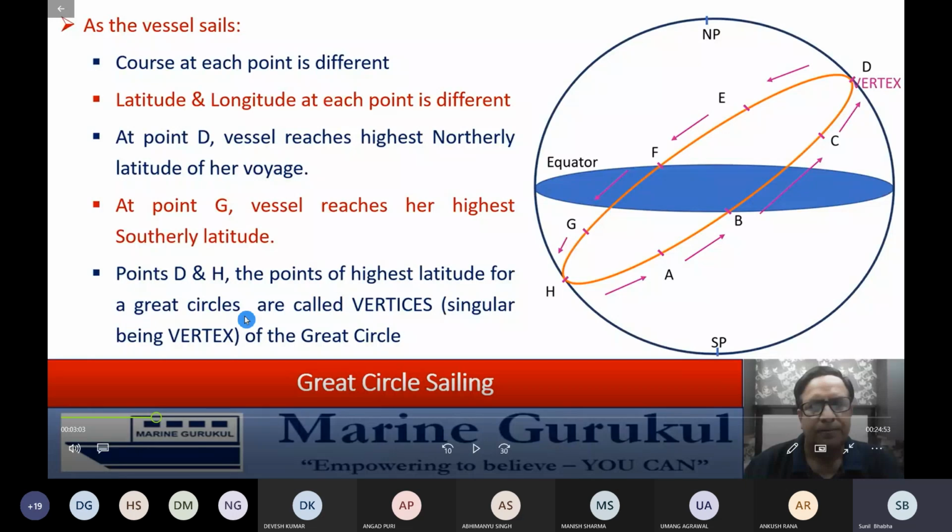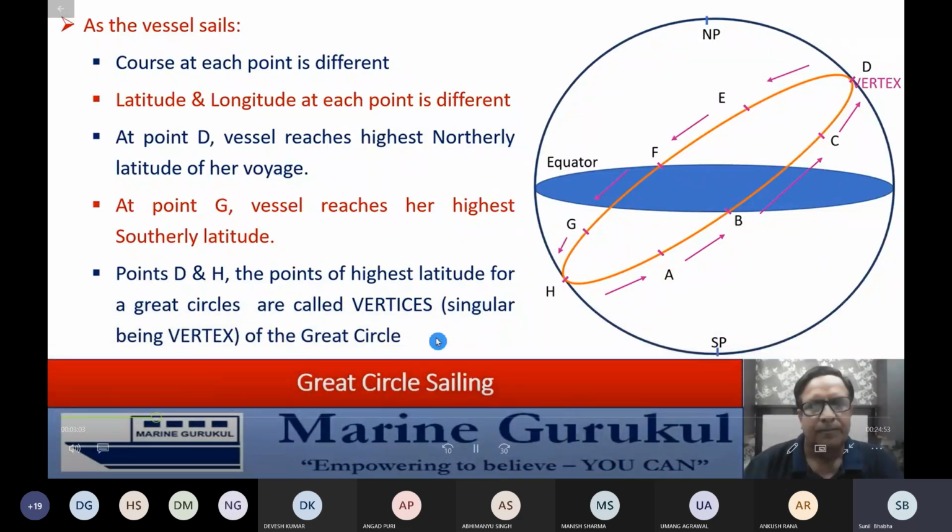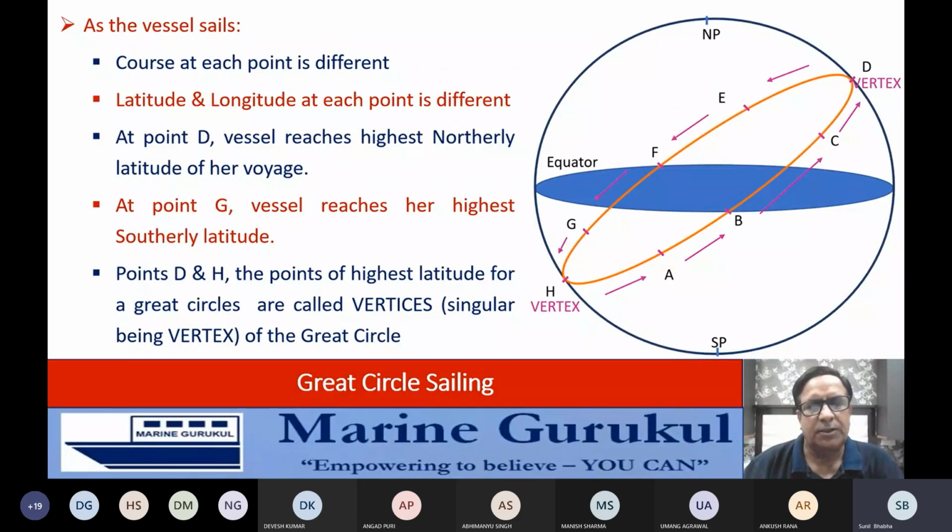Done, beta? Note it down. Yes, sir. Okay, beta. So D and H are the vertices of the great circle.